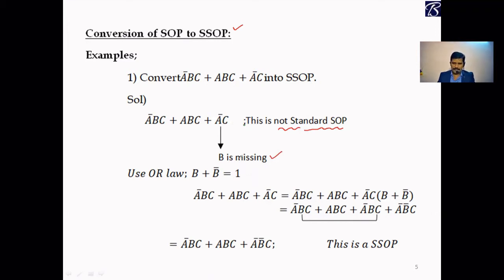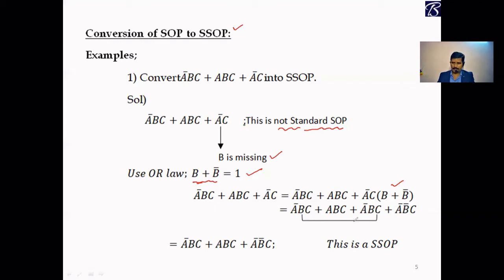Since B is missing, take B plus B bar equal to 1. Anyway it is 1, so multiply B plus B bar with this term. Then you will get A bar BC plus A bar B bar C. Now these two terms are the same, because we know A plus A equal to A only.